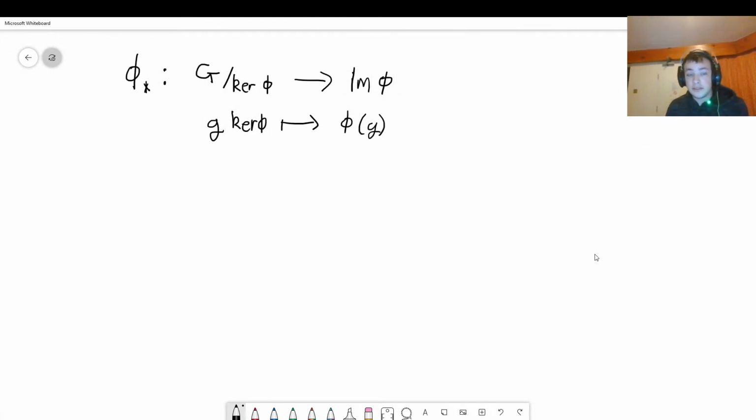So first let's show that it's well defined. So suppose g ker phi is equal to g prime ker phi.